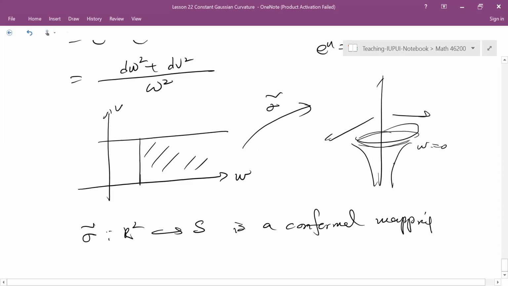When w goes to infinity, this. So the picture looks like this. This line, this line, this line, and again red line, red line, red line.